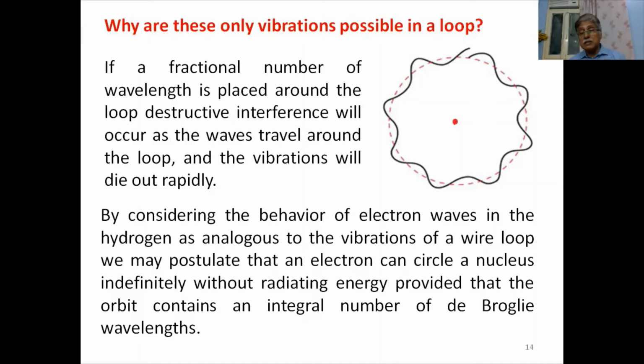And mind it, this is what we mean by the stationary orbits as proposed by Bohr: only in these orbits will the electrons not radiate. Only in those cases where an integral number of wavelengths fit onto the circumference of the orbit will those orbits be stationary orbits, and when the electrons are in those orbits, they will not radiate.